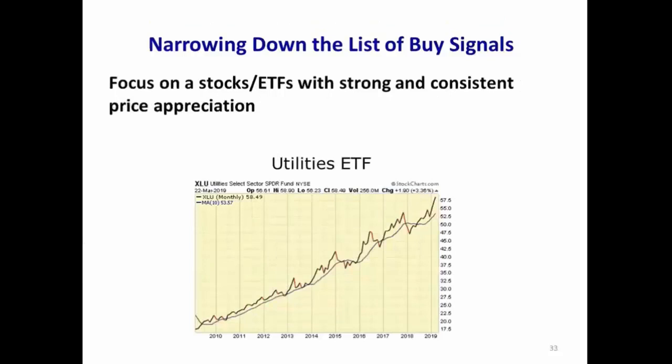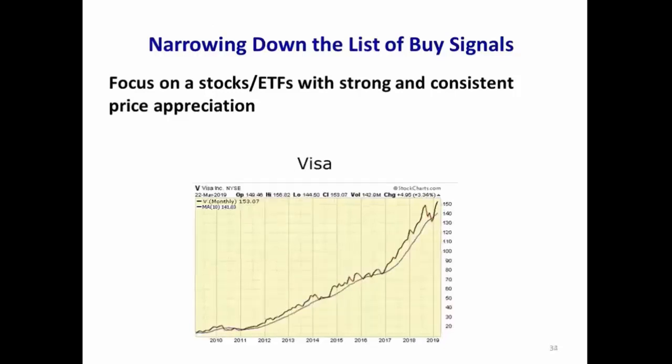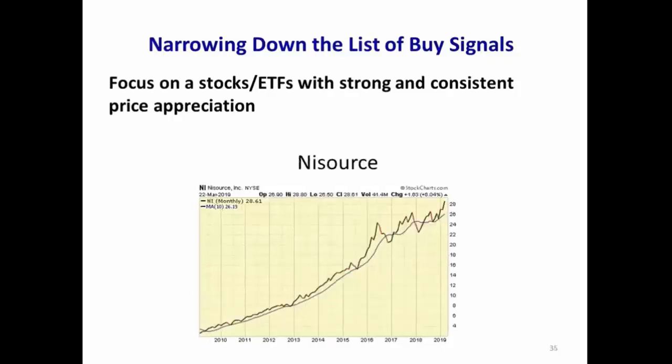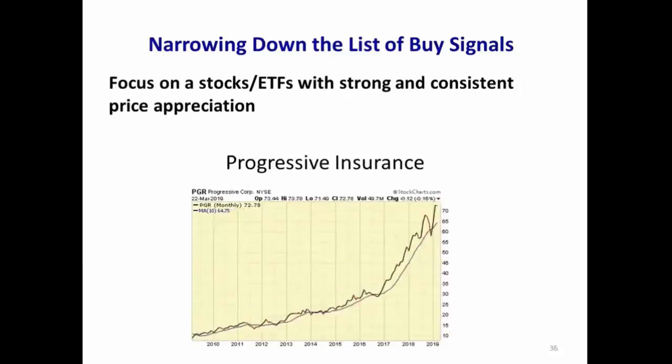Here's a monthly chart for the utilities ETF, very strong price uptrend. This is Visa, the credit card company, another example of lower left to upper right, very strong price trend. NiSource, that's a gas utility company, Progressive Insurance, the auto insurance company.